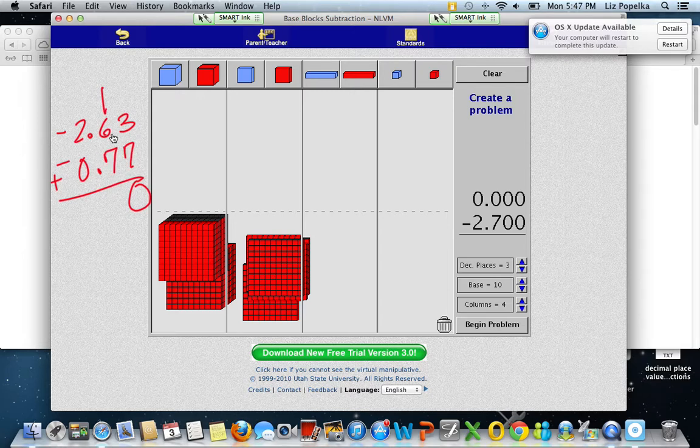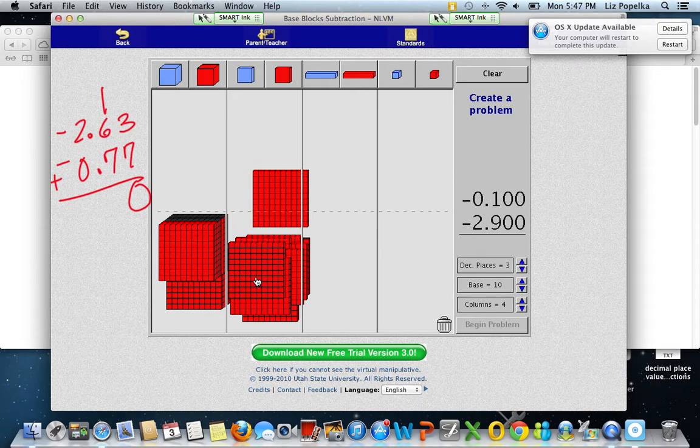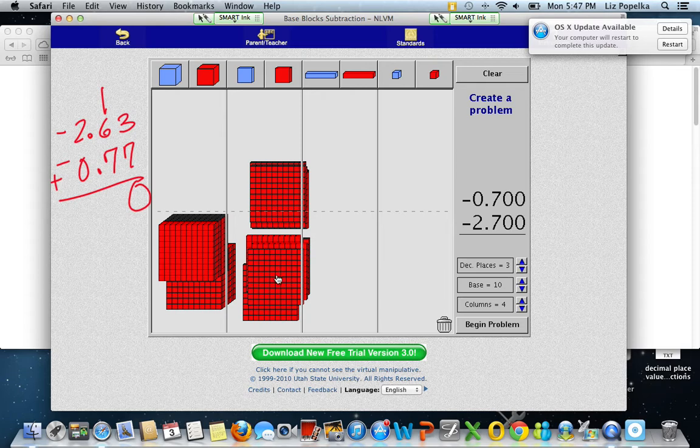But now I need to go ahead and add the other 7 that should be there. So 1, 2, 3, 4, 5, 6, and 7. So now I'm going to make myself a little pile here. 1, 2, 3, 4, 5, 6, 7, 8, 9, and 10.